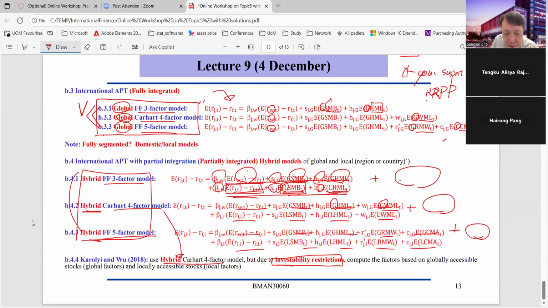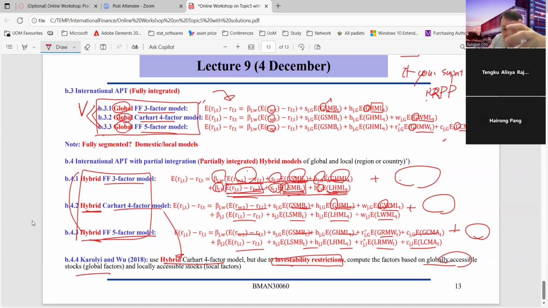They claim when you compute the global portfolio, the global factor, you need to use only the globally accessible stock, which means this stock should be listed in the US, UK, Singapore, where anyone in the world can freely buy and sell stock. So, globally accessible stock. You cannot include certain stock, even though that stock is traded in a certain country.